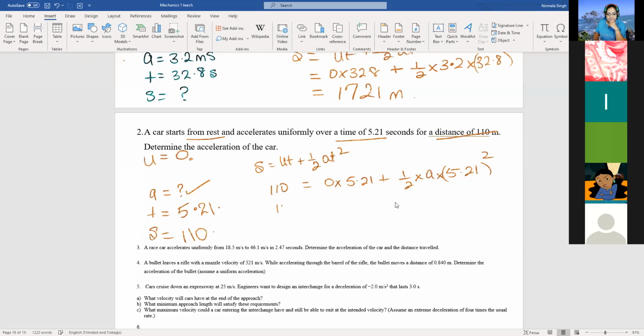So you're going to get 110 equal to, this entire term works out to 0, and anything that's added to 0 is the same thing, so we don't need to go through all that trouble. 5.21 squared is 27.11, divided by 2.